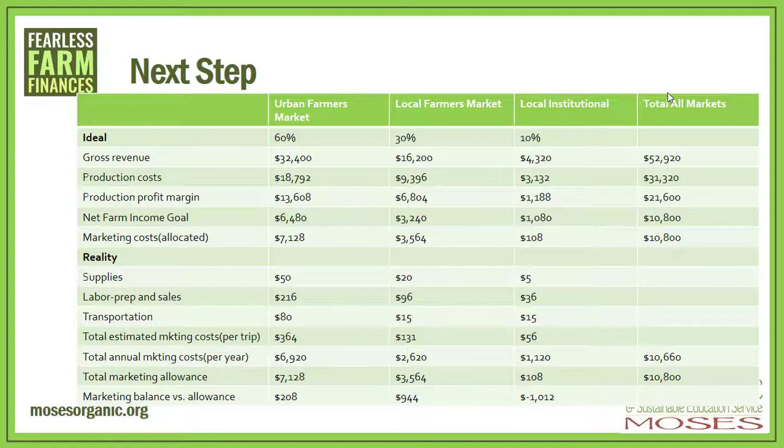Sit down with whomever your farmer's market go-to person is, or whoever you're selling direct to at an institution, whether that be a hospital, nursing home, or a school. Even if you're selling direct to restaurants, sitting down with them before you're even planning your season production is really helpful.